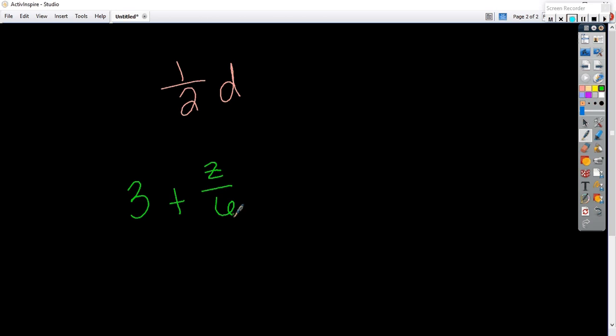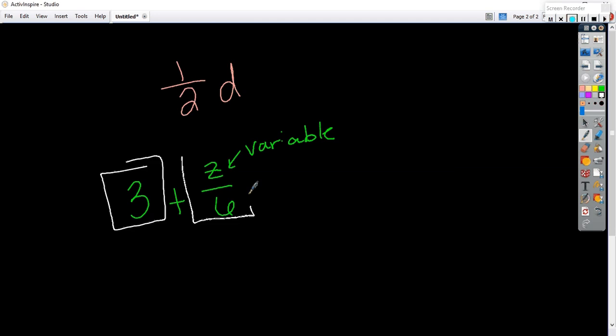Now, we said this is the variable, right? Does anybody know what the pieces separated by the plus or minus there in the expression are called? In other words, what I would call the 3 and what I would call the z over 6.